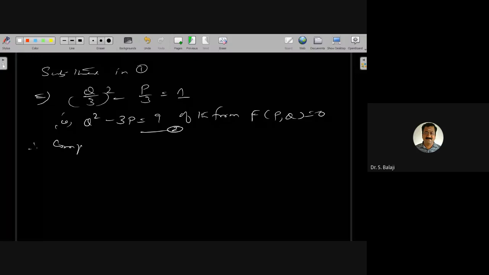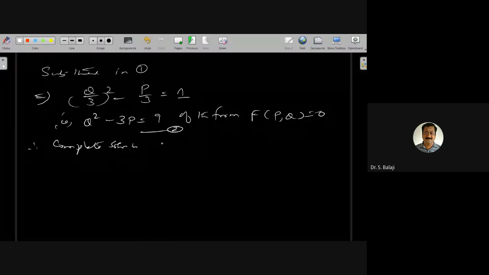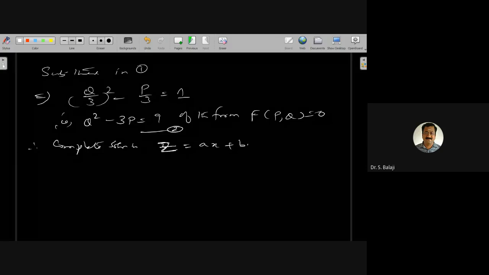Therefore, the complete solution. Capital Z changes, but x and y there is no change.